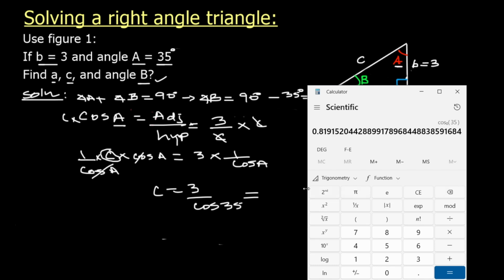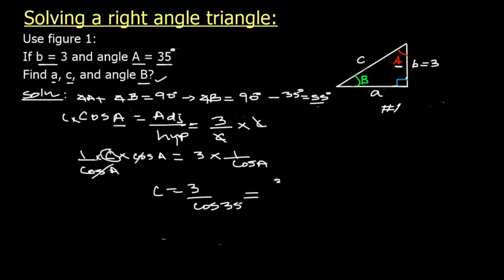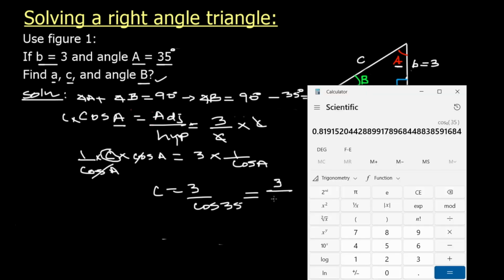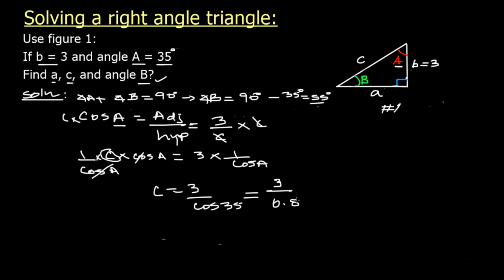So this equals 3 over 0.82, and we are getting 3.66. So this is the length of the hypotenuse here, 3.66.